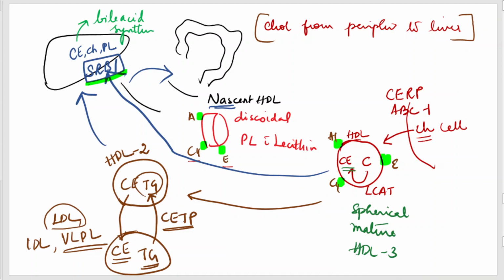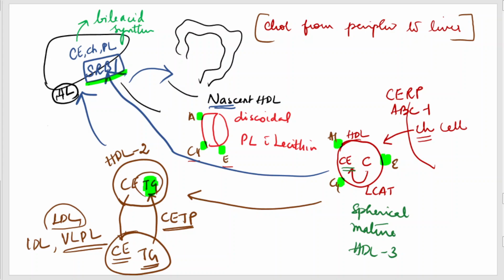Now also, if it is an HDL2 molecule, we know there is triacylglycerol content in it. So what can we do with this triacylglycerol? There is one more enzyme called hepatic lipase on the surface of the liver.